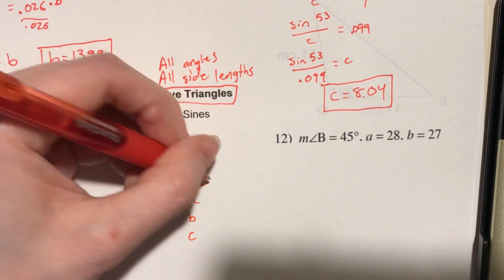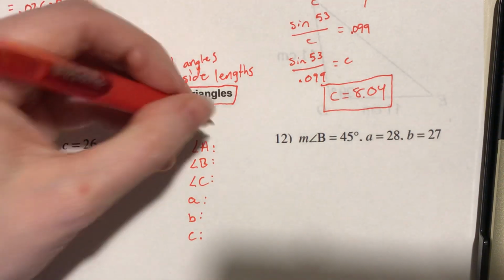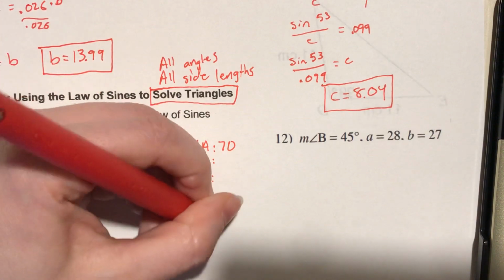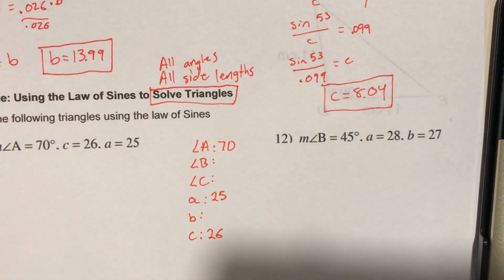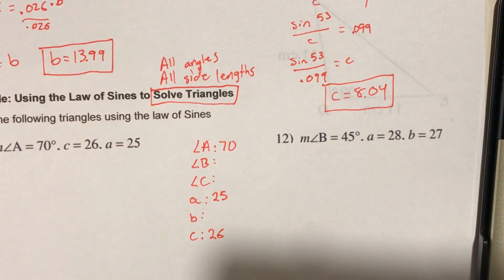So I'm just going to go through here, and I'm going to write down our given information. So we have measure of angle A is 70. And we know that side C is 26, and we know that side A is 25. And we need to find the rest of this information. So what we're going to do is we're going to say, well, I have angle A and side A, so that can help me to establish a baseline ratio.